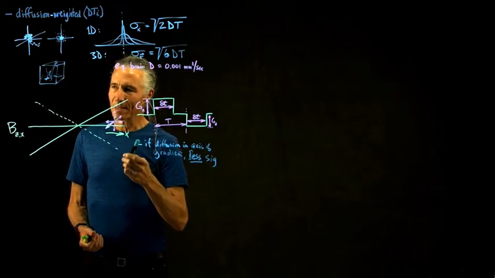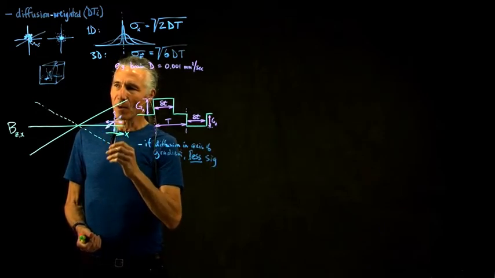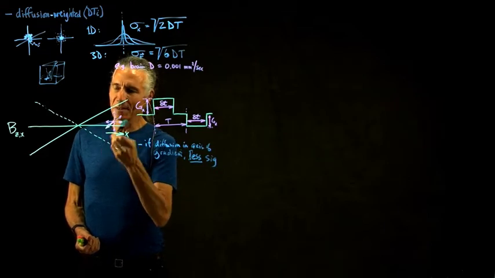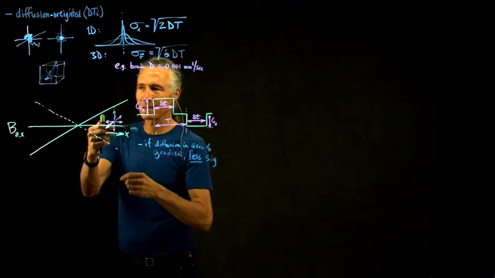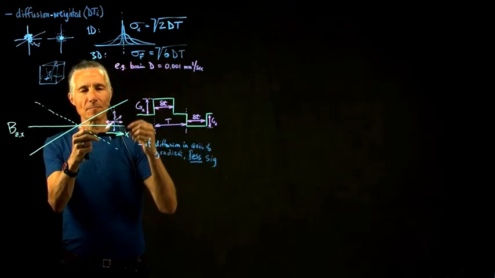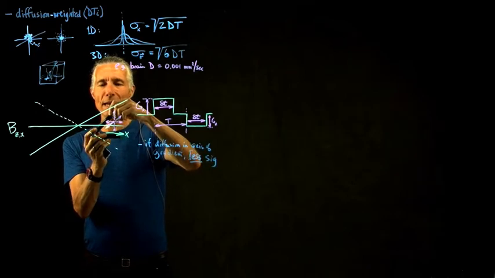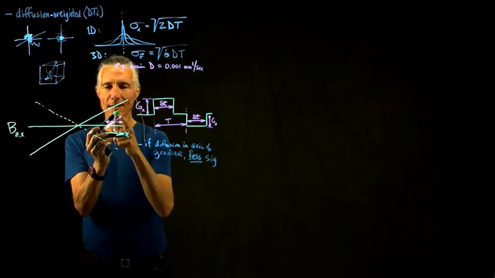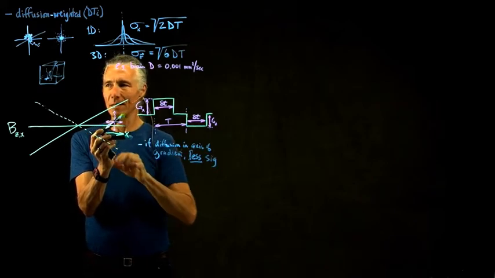But the signal you'll get will just be whatever direction you went projected onto the x-axis. So if this is the x-axis, and say you went in the direction of the y-axis and also the x-axis, then you just take the projection, the amount of movement in the x direction.